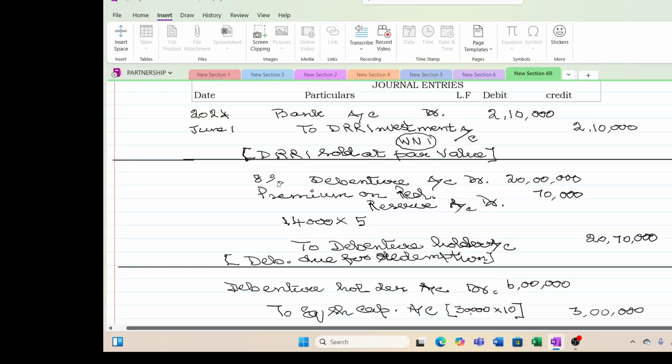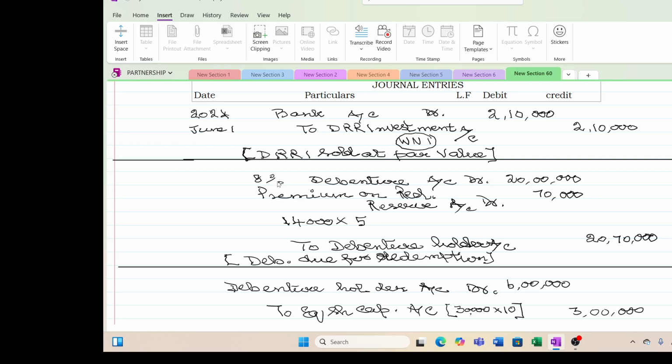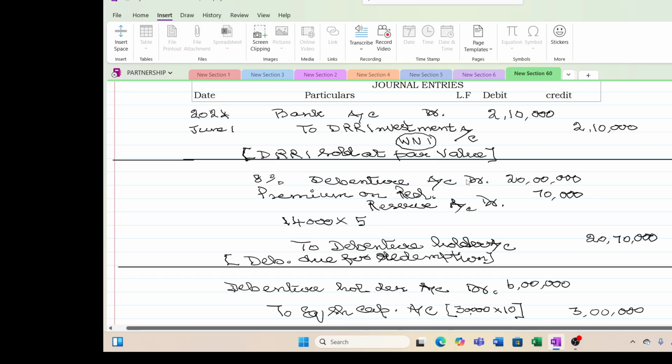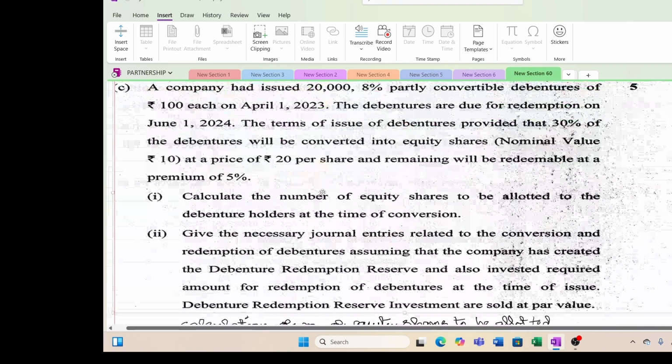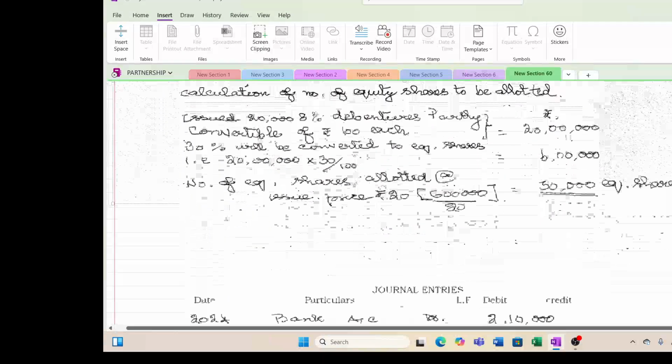Now the redemption becomes due. We always have to give a journal entry for the due amount, and only then make the payment to debenture holders. So 8% debenture account is due for 20 lakh, and premium on redemption is only for 14,000. Because, again I am telling you, only the remaining will be redeemable at a premium.